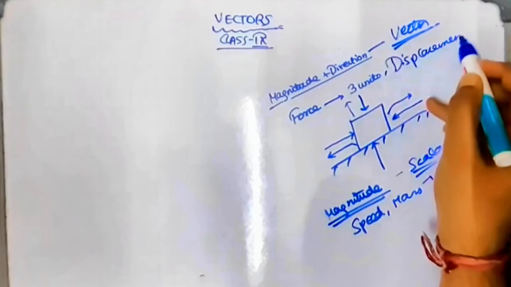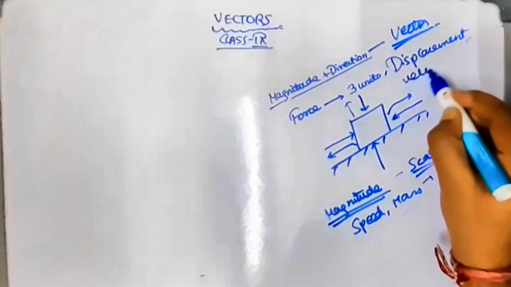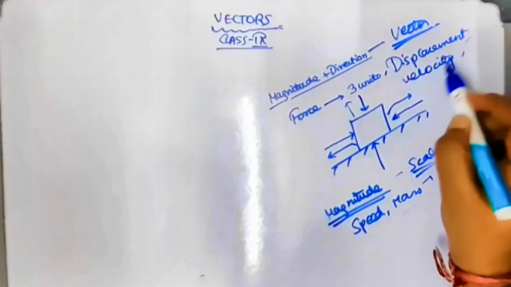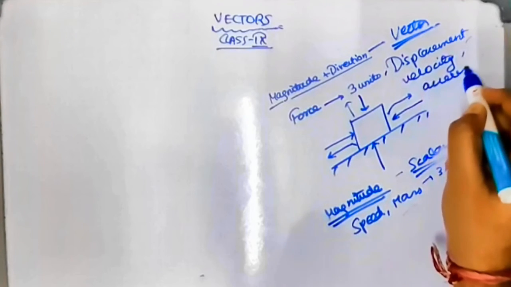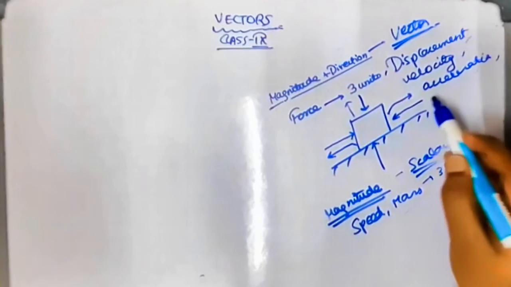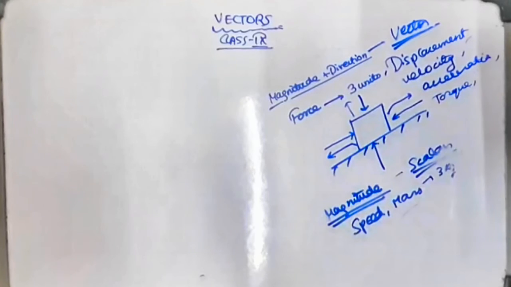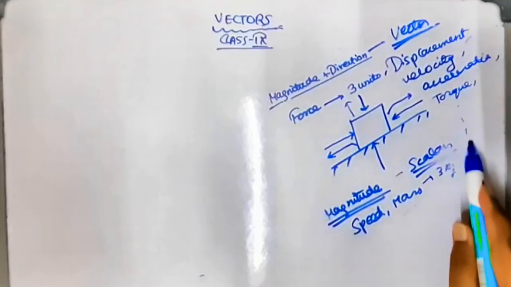We introduced it in the last video, and we are also going to talk about it further. Something which you will learn: velocity, which is the rate of change of displacement. Acceleration is also a vector quantity. Torque is a vector quantity. You will understand what torque is when you go up to 11, 12 standards, and there are many more.